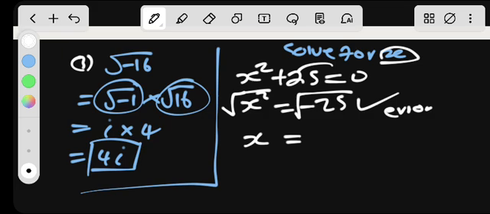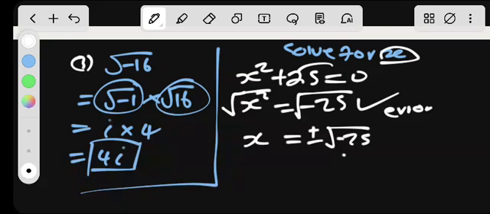But remember, when you're taking the square root in an equation, you'll have plus or minus. So we have plus or minus the square root of minus 25, isn't it?